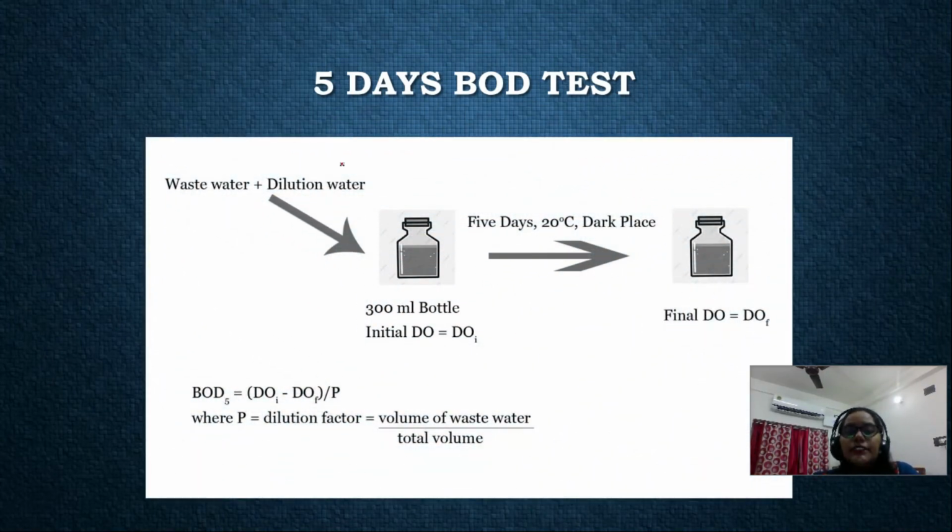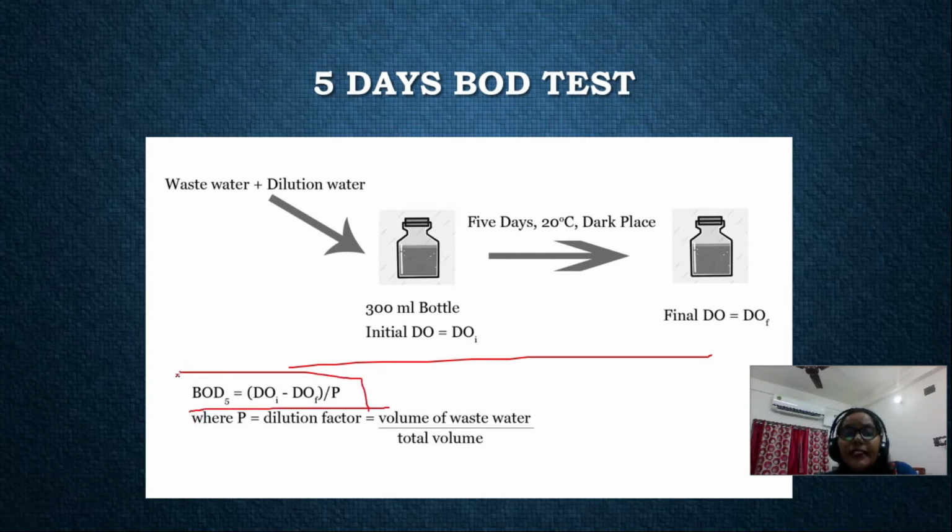So this is the schematic diagram of the 5 days BOD test, whatever we have done, and this is the equation. This equation is very important. You have to memorize this equation. Look, BOD5, what is BOD?